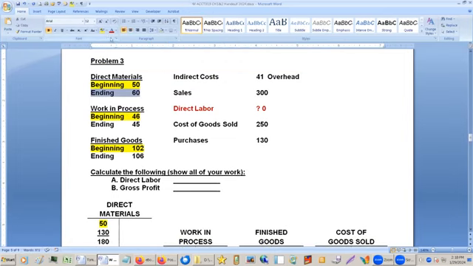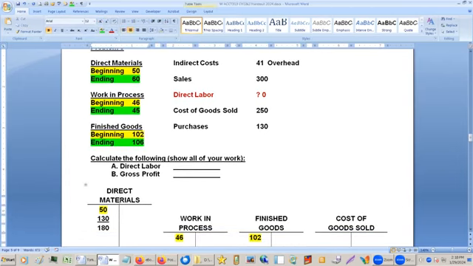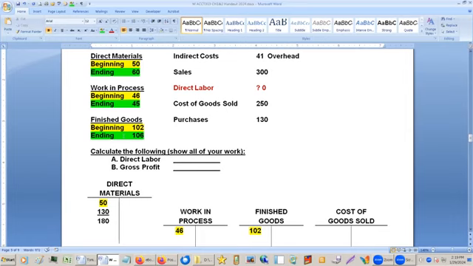And we send somebody out to count up the ending inventory. So we'll say, okay, how much is in direct materials? They go out and see how much, maybe this is like wood, maybe we're making desks. This is the wood. How much is still sitting on the assembly line? And they'll come back and give us a number. How much is in finished goods? And then they'll come back and give us a number. And so this is what we're going to do to figure out how much flowed through the system.